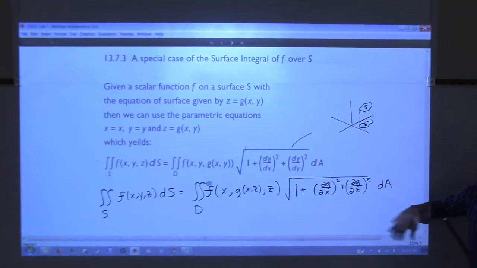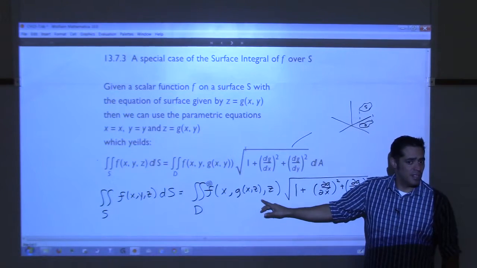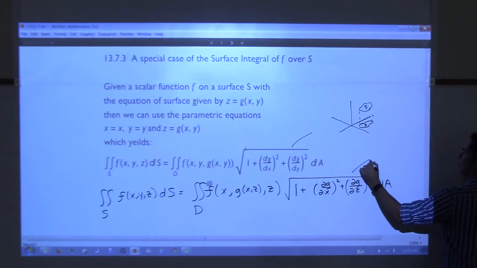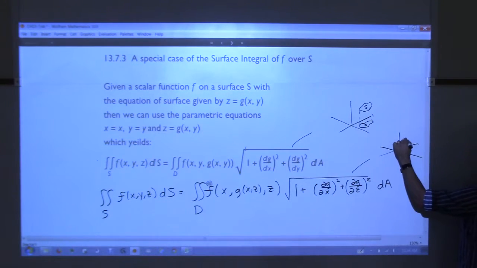In this case, we switch it up. Now your y is a function of x and z. So now your domain lives on the xz plane wall, and then your surface comes out like this. So it's sideways. Got that?